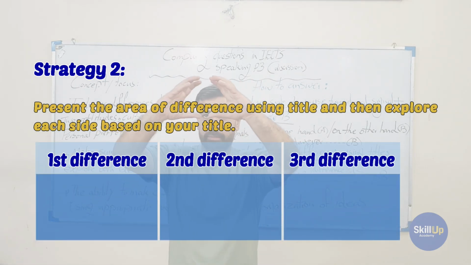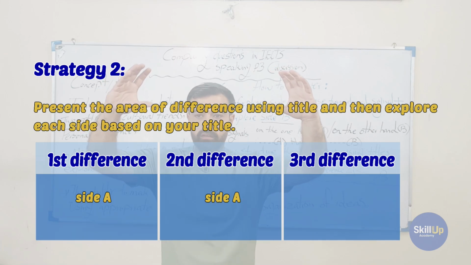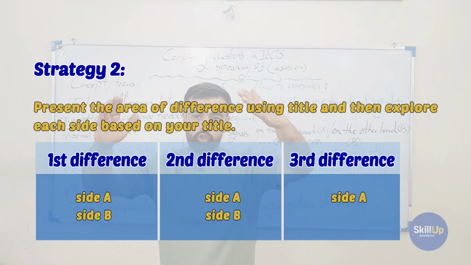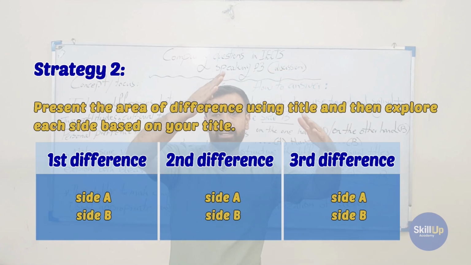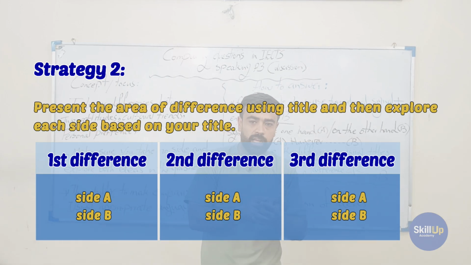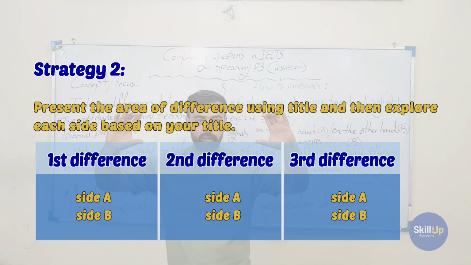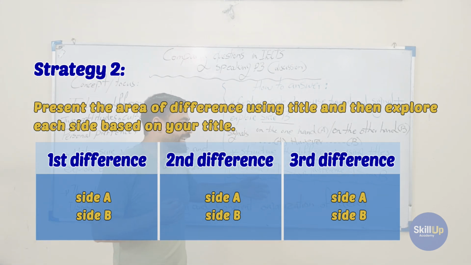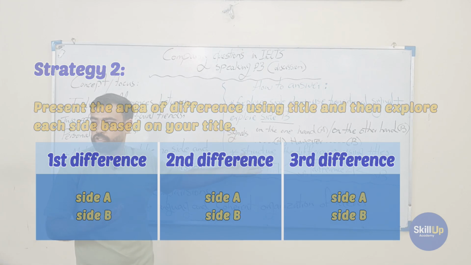First of all, you express the main difference as a title, and then you talk about A and you talk about B. If there is a second difference, you use a signal. In addition to that, or you say the second difference is, then again there is a title, and under this title you discuss both of these ideas. Mostly it gives you a very easy to follow way to answer the question.